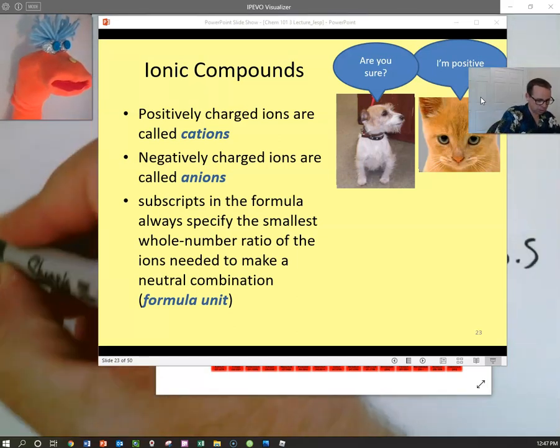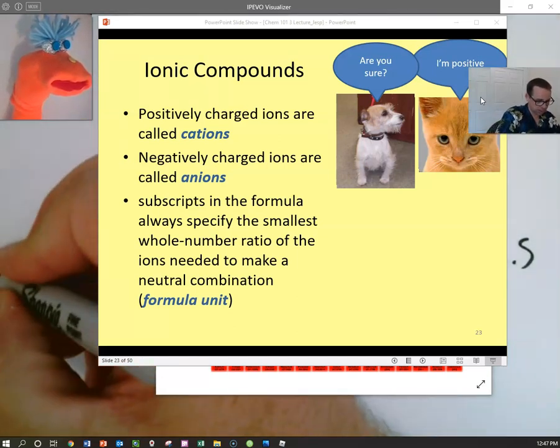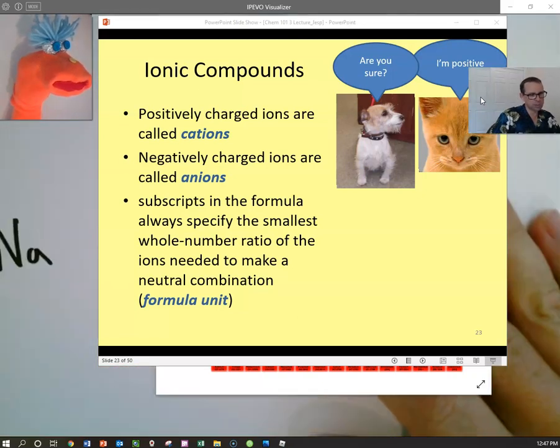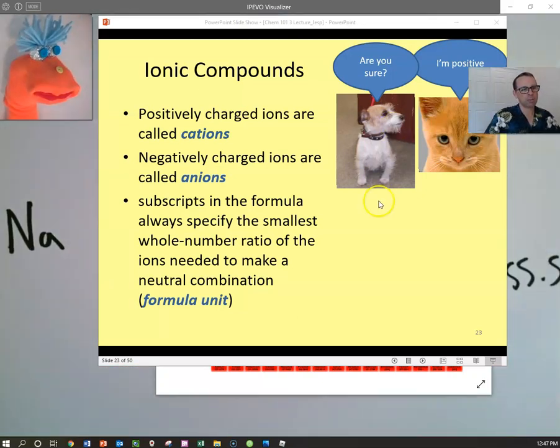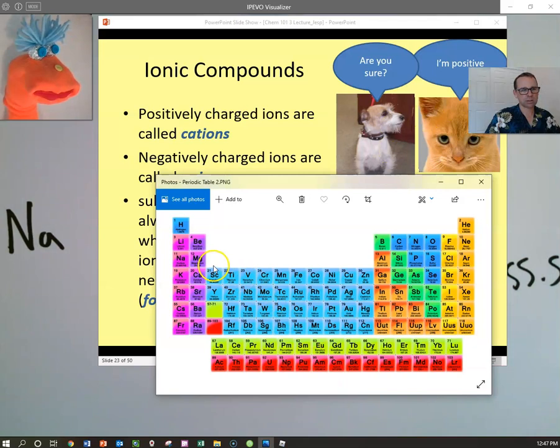So, for example, if I have an atom of sodium, there's my atom of sodium. How many protons? How many electrons? 11 protons. Right there it is, 11 protons. And without a charge, then how many electrons? Also 11 electrons. That's right, 11 electrons.